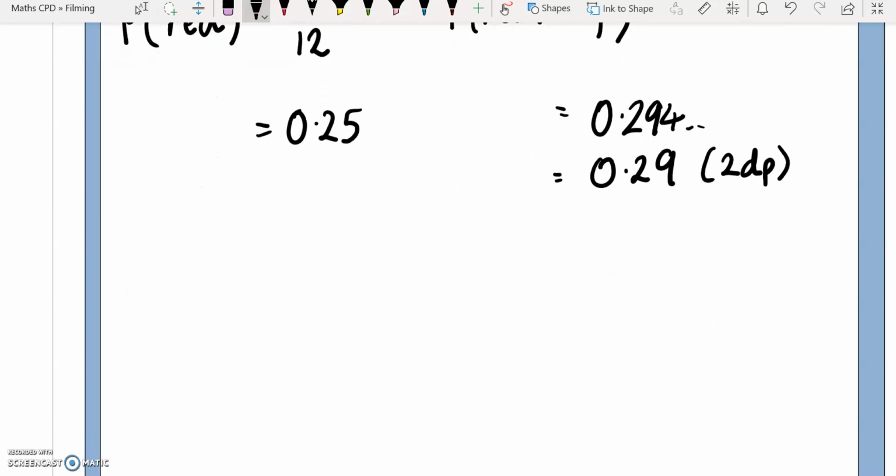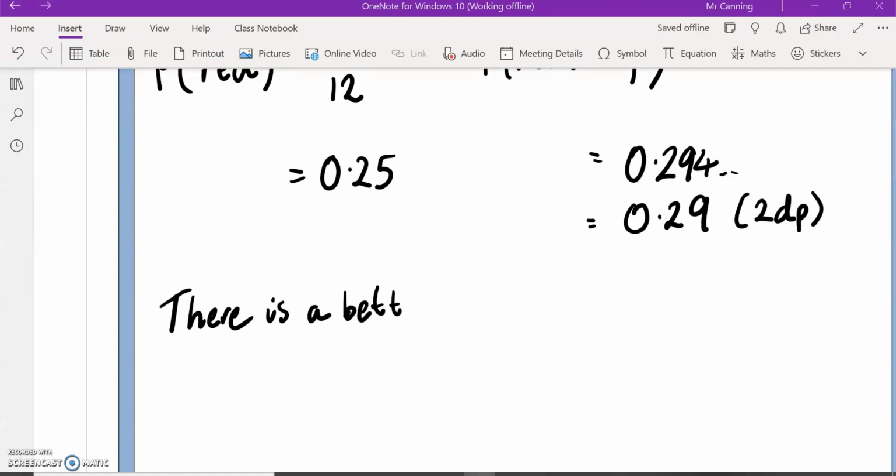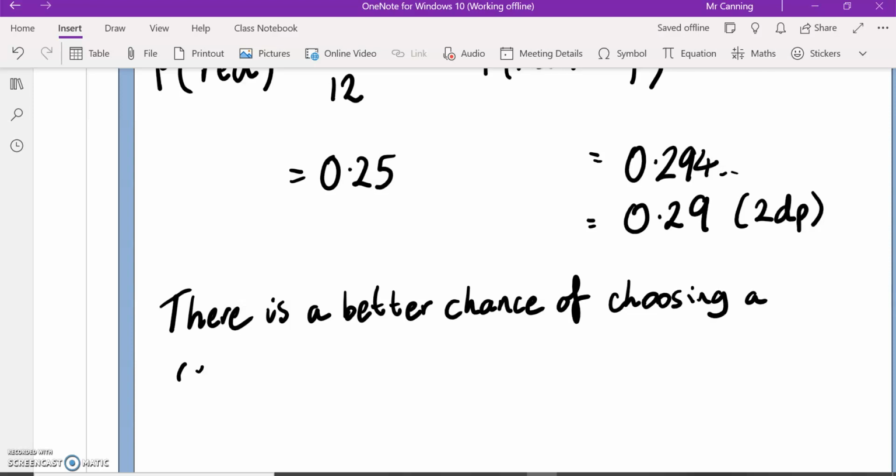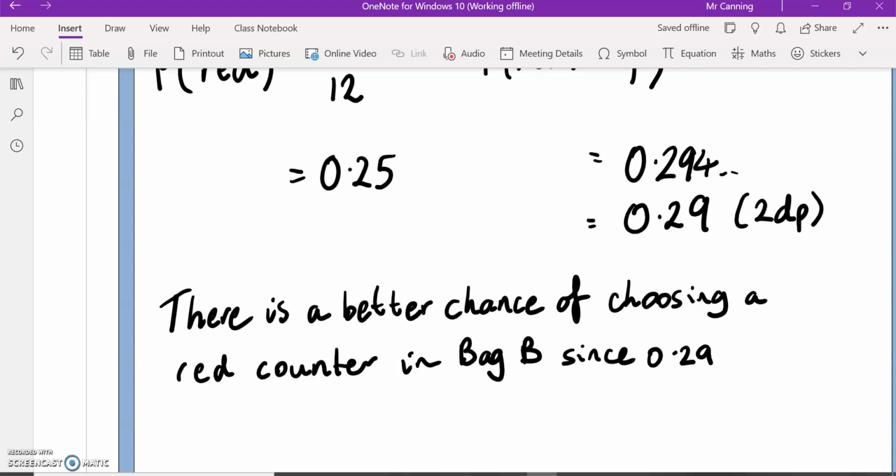We need to justify our answer. There is a better chance of choosing a red counter in bag B since 0.29 is more than 0.25.